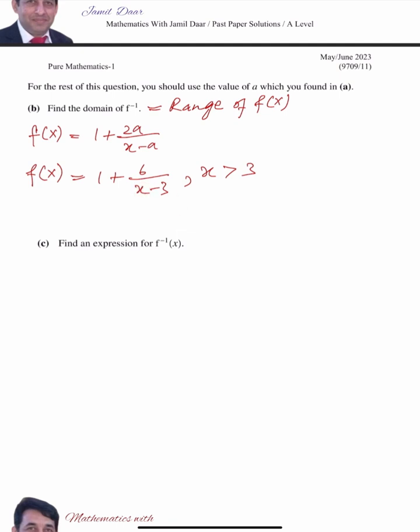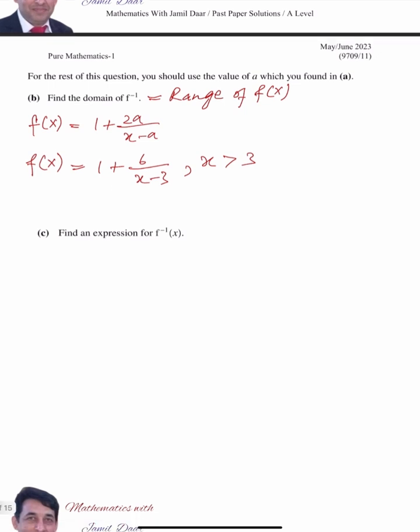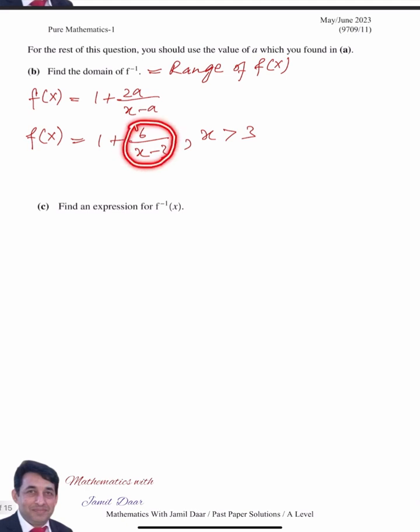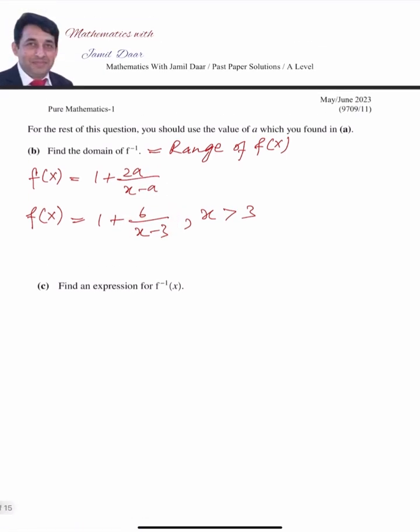So the minimum value of this would be nearer to 0. As the denominator becomes bigger, this 6 over x minus 3 will become very small, near to 0, but it will not be 0.